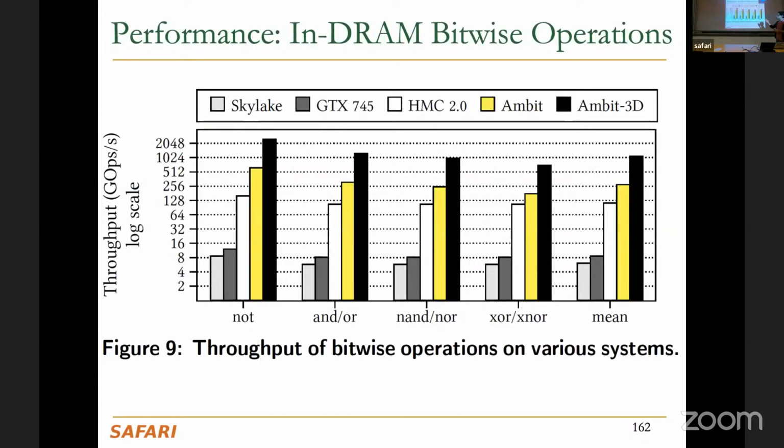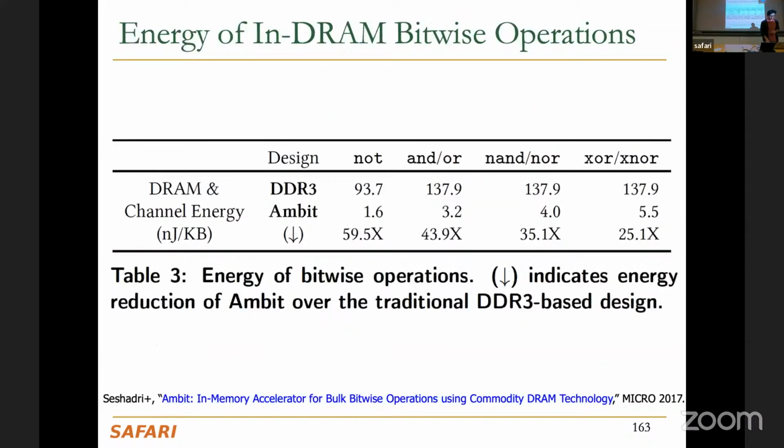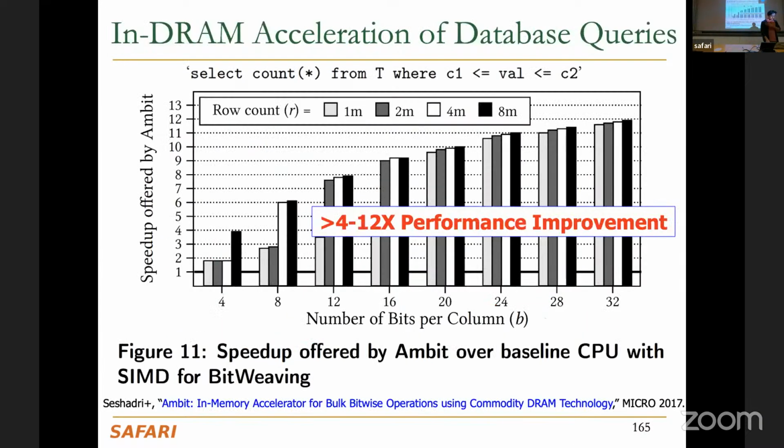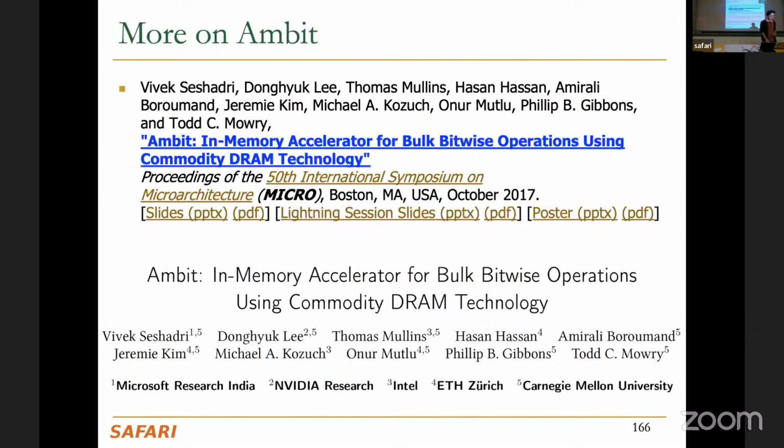The Ambit paper showed amazing results compared to CPUs and GPUs or PIM systems based on HMC. Also very important energy savings, and also in real-world workloads, like, for example, this bit weaving with a performance improvement between 4 and 12%, even though not the whole application is executed in Ambit, only certain operations inside the application.